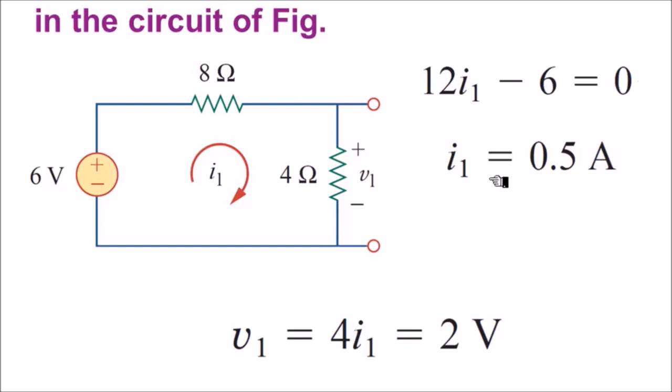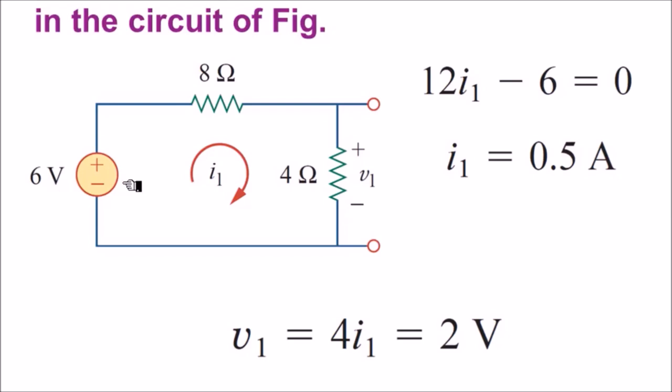From this, the current I1 is equal to 0.5 ampere. But our required parameter is voltage across the 4 ohm resistor. Let the voltage across the 4 ohm resistor due to the 6 volt source be V1, and V1 is equal to 4 into I1, which is equal to 2 volts.